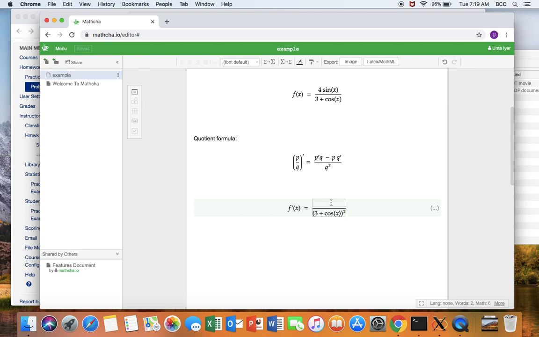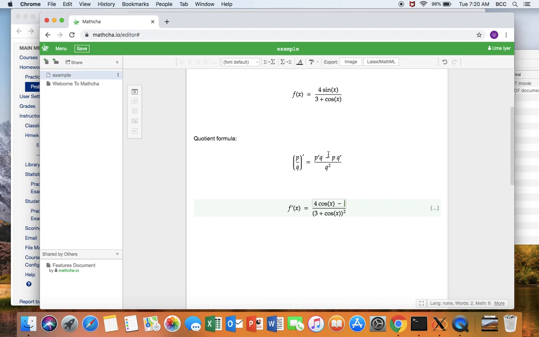All right. What about the numerator for the derivative? By the quotient rule, derivative of the top, denominator as it is, minus numerator as it is, derivative of the denominator. So let's go back to the derivative of the top. The derivative of the top is 4 cosine x. Yes, derivative of sine is cosine. So 4 cosine of x, minus, right?